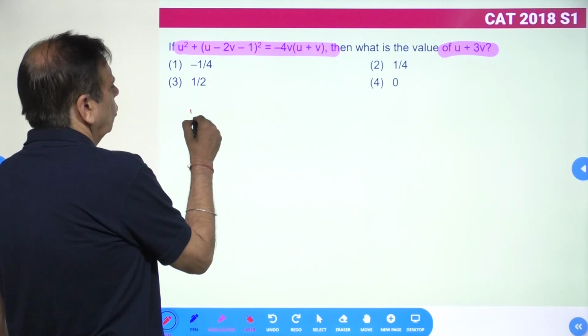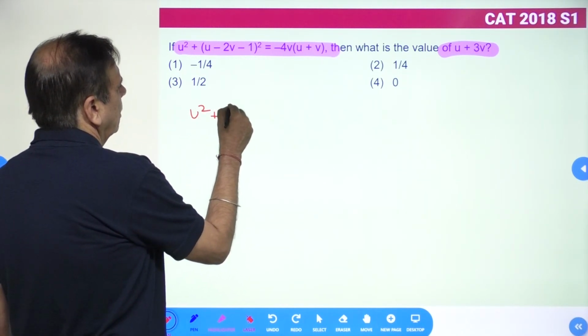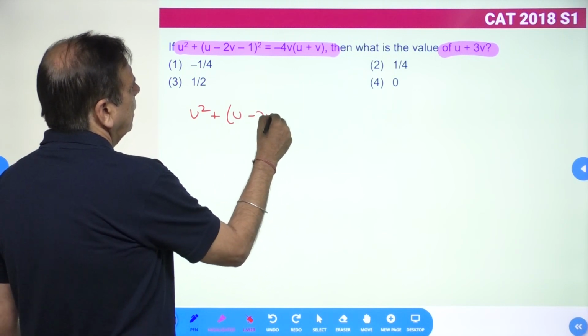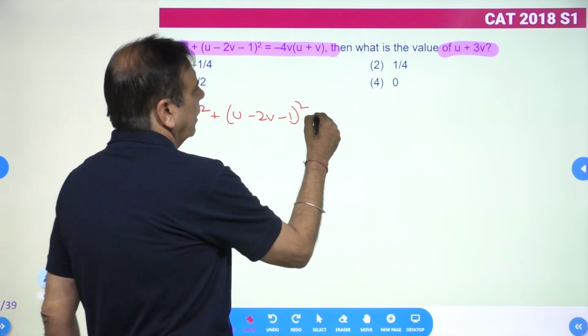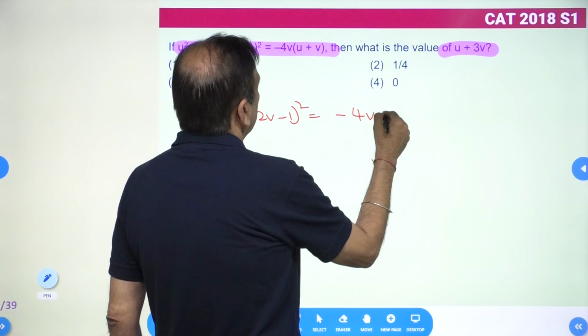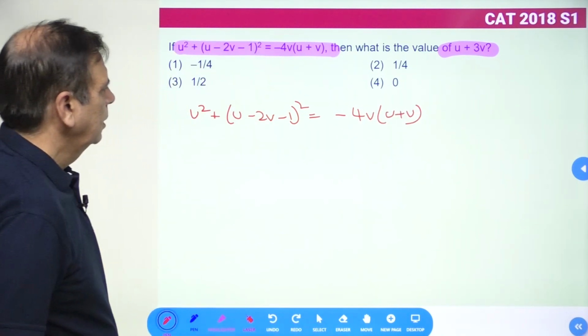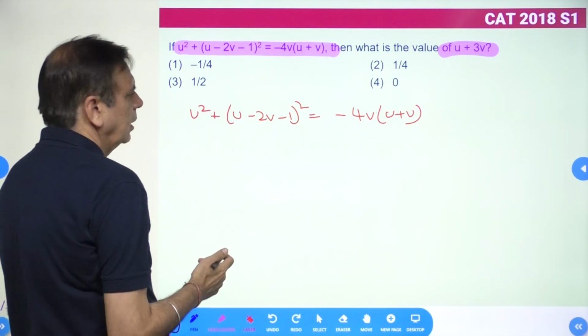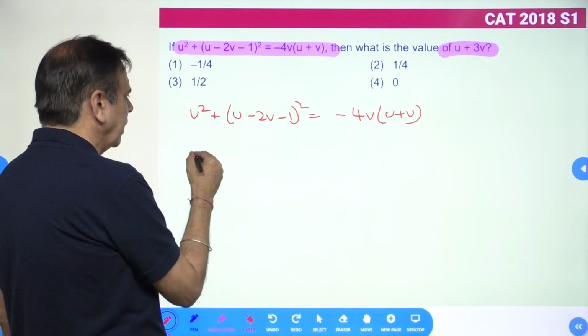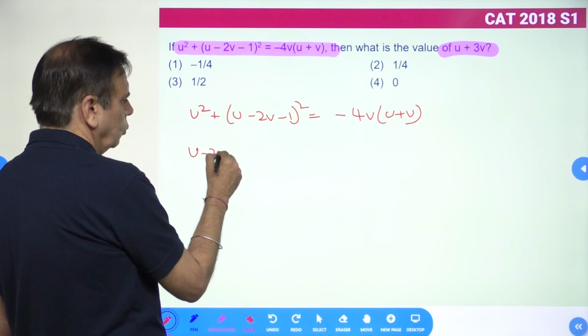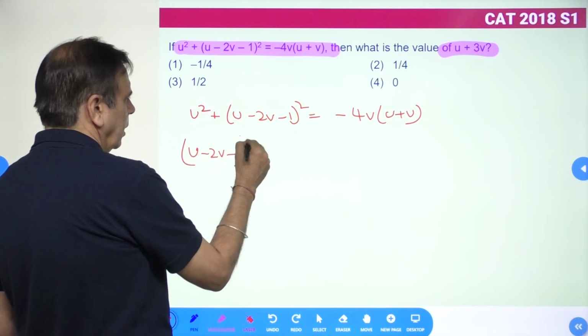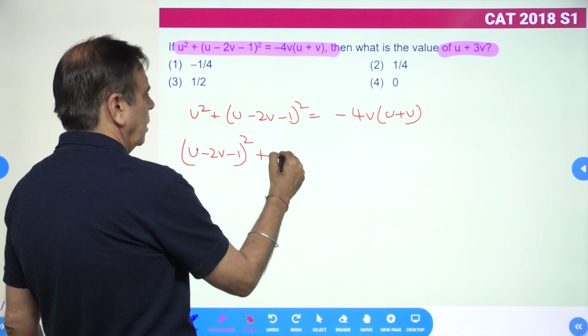You have u square plus the whole square of u minus 2v minus 1 equal to minus 4v into u plus v. Now let's get everything to the left hand side. U minus 2v minus 1 whole square plus u square.